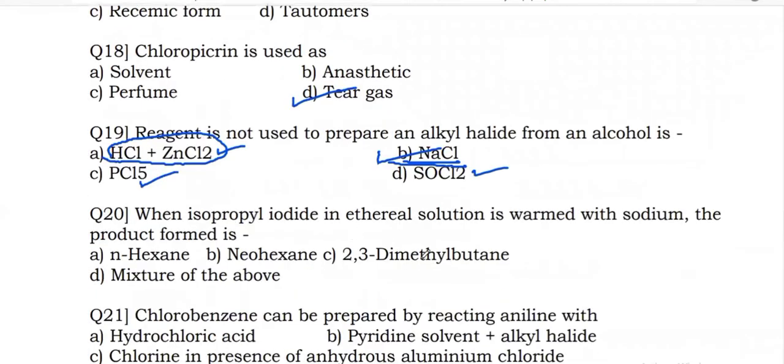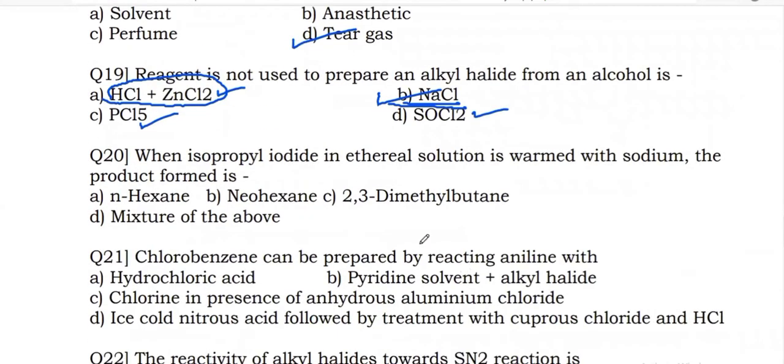Question number 20, when isopropyl iodide in ethereal solution, that means ether is used as a solvent, is warmed with sodium, the product formed is... So this is isopropyl iodide, CH3CHICH3.